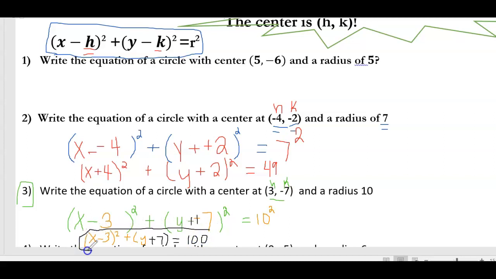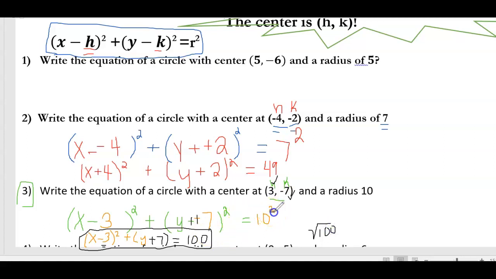Okay, so now they can give you this equation and ask you to look at this equation and find your center. Well, I just look at it. The minus should be there, so my center is 3. There it is, 3. Okay, this one doesn't have a minus. There has to be a minus, so I know this is a minus negative 7. And here it is, negative 7. And then my radius will be the square root of 100, because I know that it's squared.